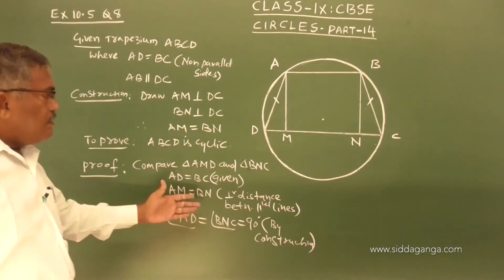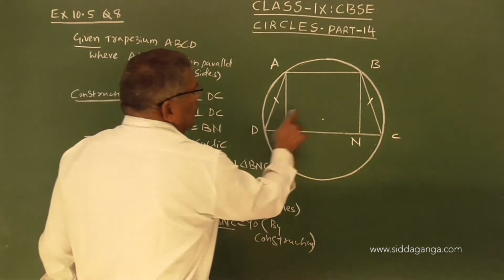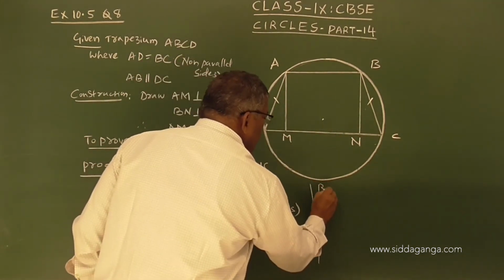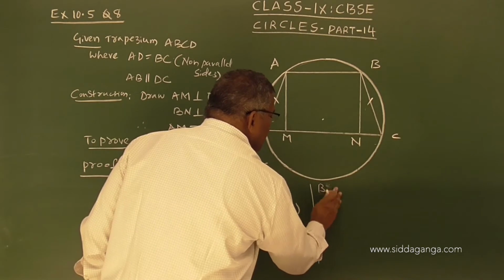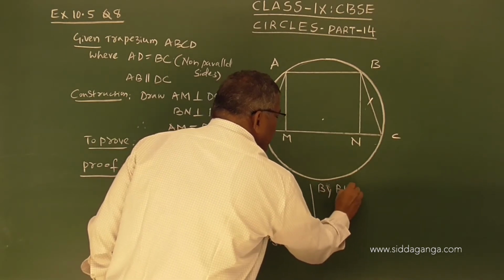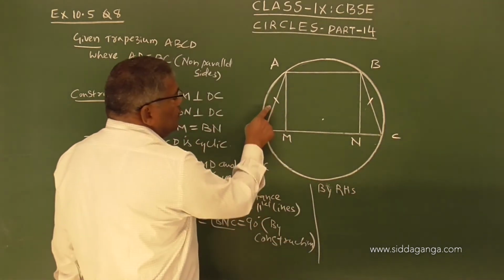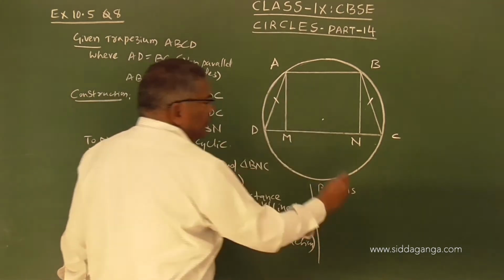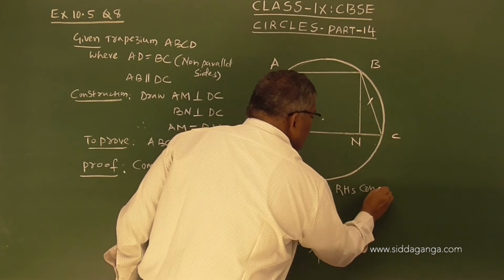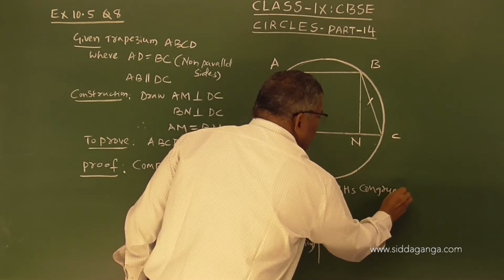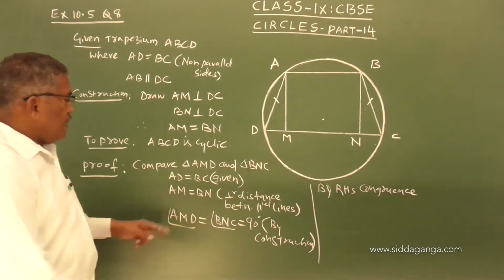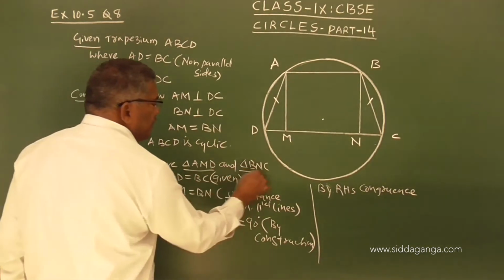Now, with this data, we can say by RHS congruence. Therefore, by RHS, hypotenuse, right angle and one side, RHS congruence, these two triangles are congruent.